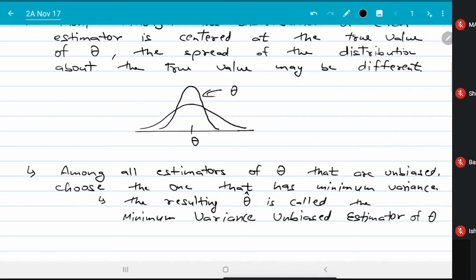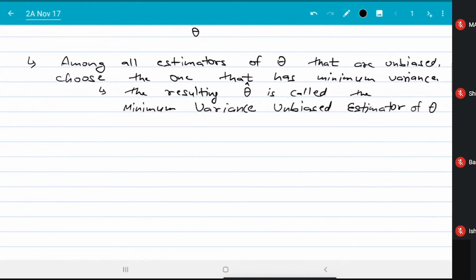If you say that this is the distribution of theta 1 hat, and this is the distribution of theta 2 hat, then theta 1 hat is the efficient estimator. It's the minimum variance unbiased estimator. Okay, now I'm going to reproduce one sentence exactly as it is in the text.